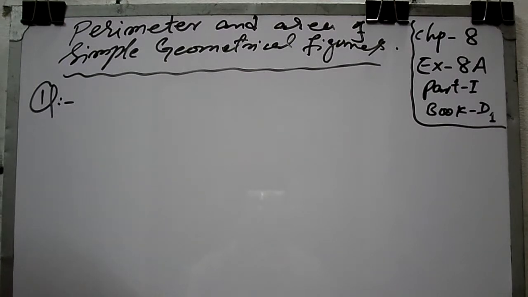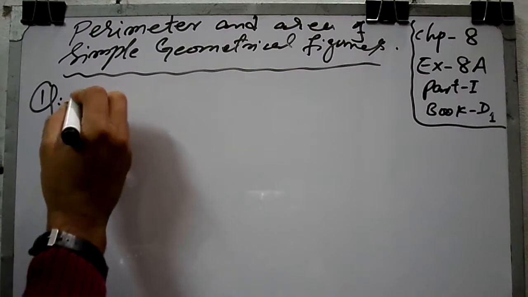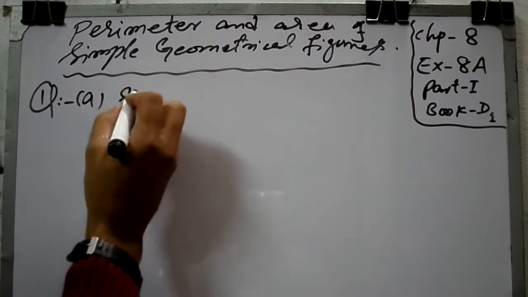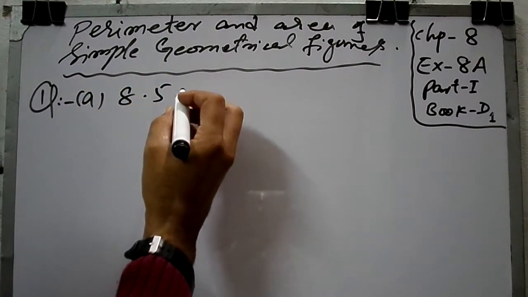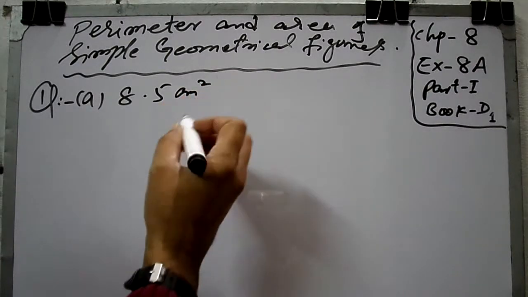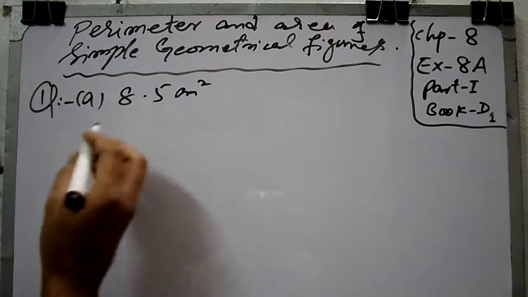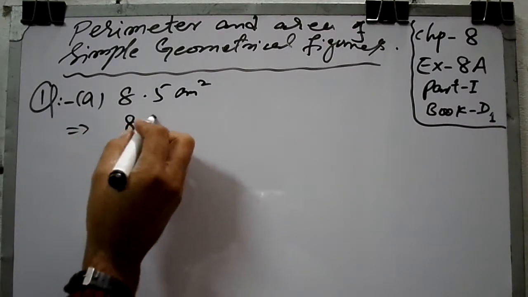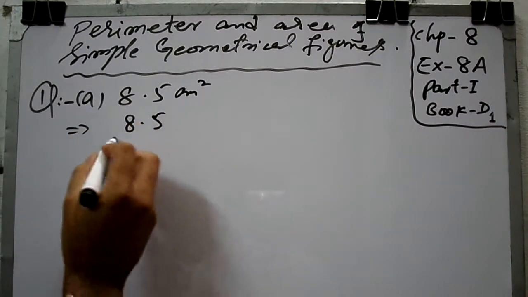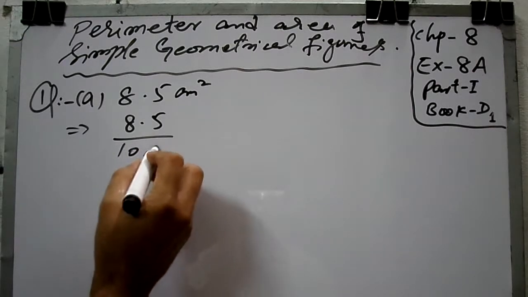First of all, in A part you have been asked that 8.5 centimeter square, you have to convert it into meter square. So you have to divide 8.5 by 10,000.